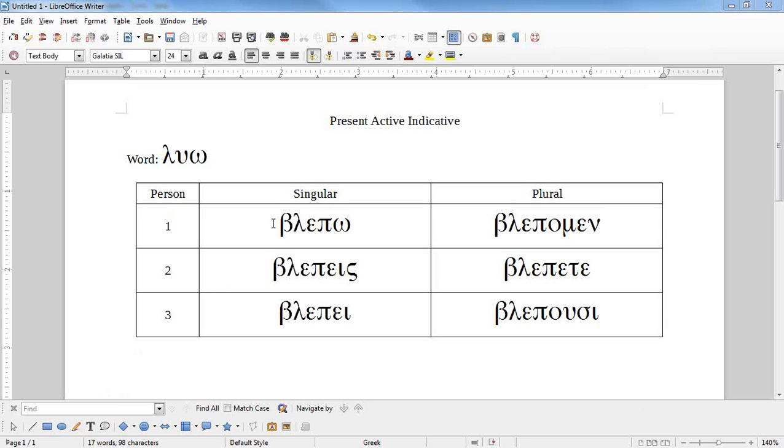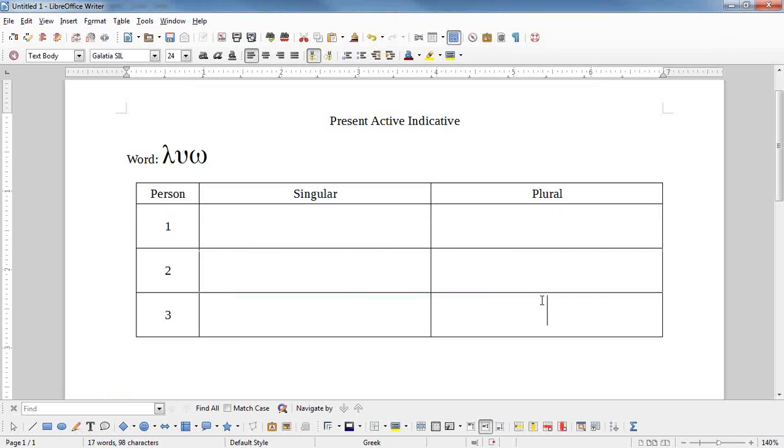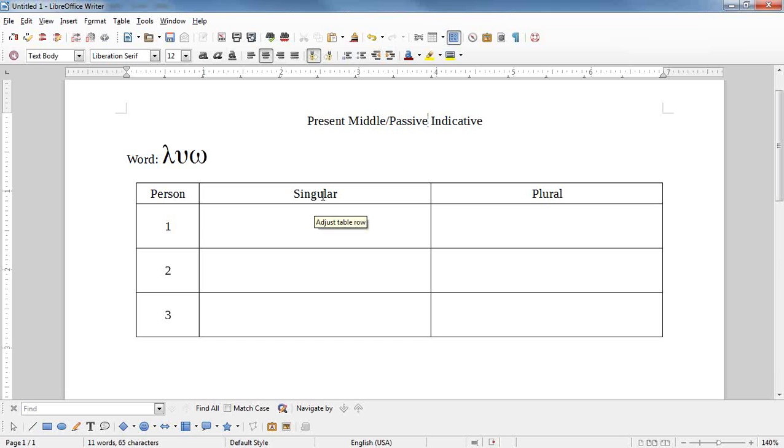All right, so we just did the present active indicative form. Now I'm going to show you guys the present middle passive indicative form, okay? Middle passive. Why do we call it the middle passive? Because this form that I'm going to show you right now is used for the middle voice as well as the passive voice.